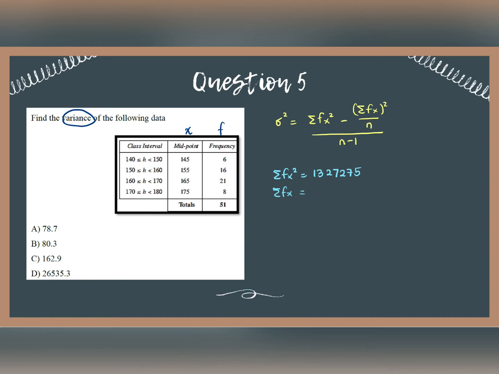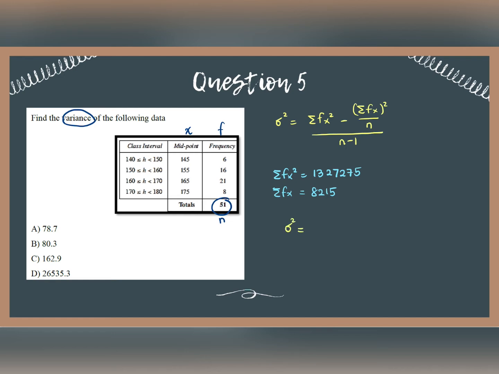Okay, and then here I get 8215. Okay, so kita dah ada summation fx square, kita dah ada summation of fx, and this is actually our summation of n ataupun summation of fx lah, dia adalah n. So boleh terus masukkan dalam your calculator here.